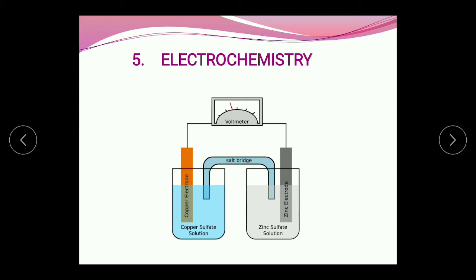And this process was studied by the scientist Faraday. He gave us a few formulas to find out the mass of product formed. So, today we are going to study the quantitative aspects of electrolysis. So, let us start today's session.